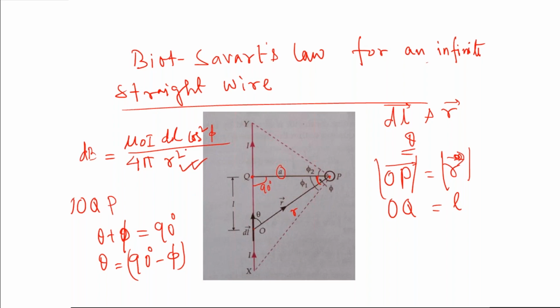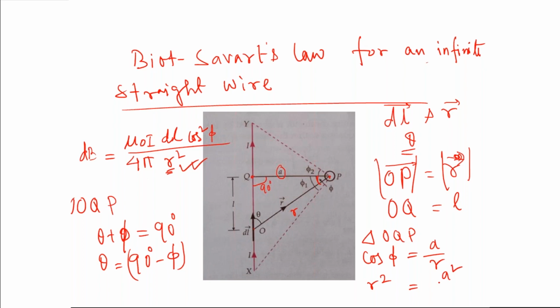Now look, what is r square? From the same triangle O, Q and P, what is cos phi? Cos phi is base by hypotenuse, so a by r. So r square will be a square by cos square phi.